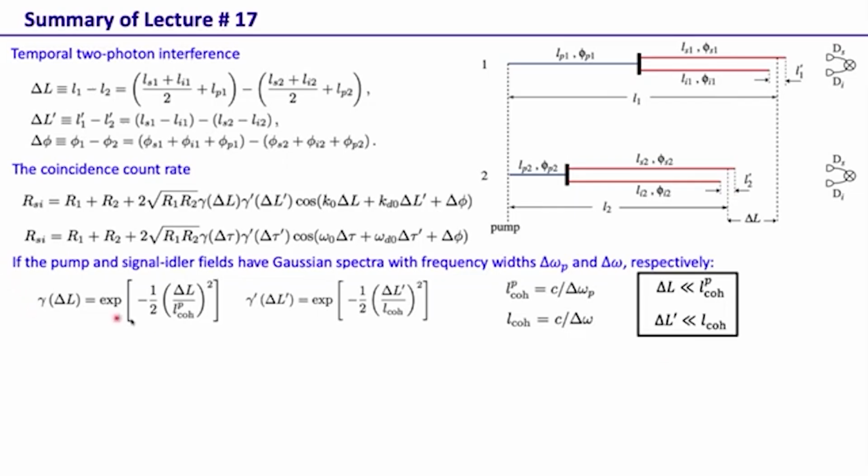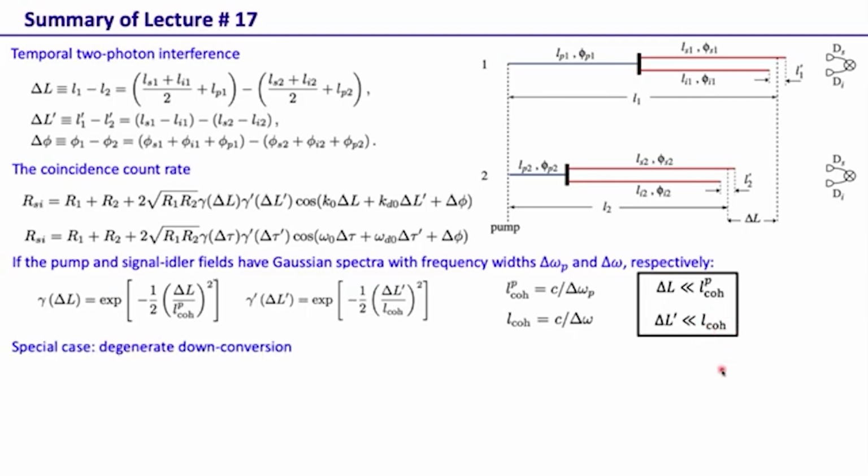So, for the two-photon interference experiment, we had two conditions for interference. One is that for interference to happen, delta L has to be less than the coherence length of the pump, and delta L prime always has to be less than this L coherence, the coherence length of the signal and idler field.